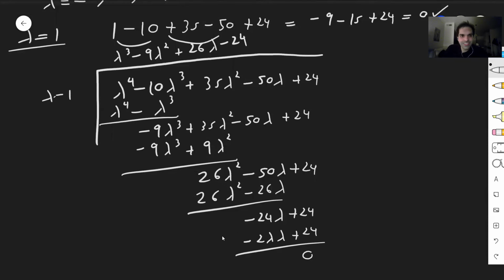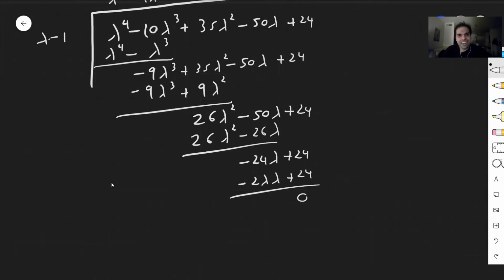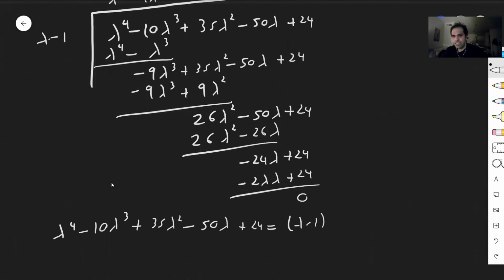Okay, so what this means is that lambda to the 4th minus 10 lambda cubed plus 35 lambda squared minus 50 lambda plus 24, that is lambda minus 1 times lambda cubed minus 9 lambda squared plus 26 lambda minus 24.